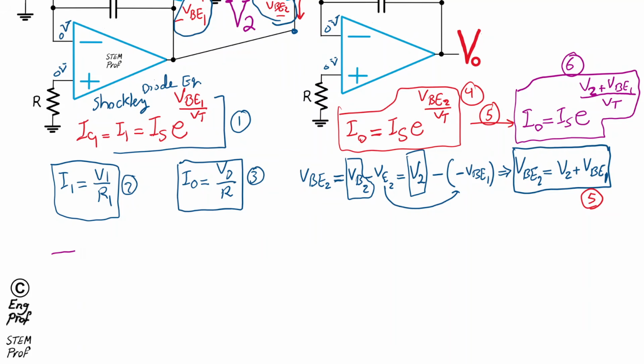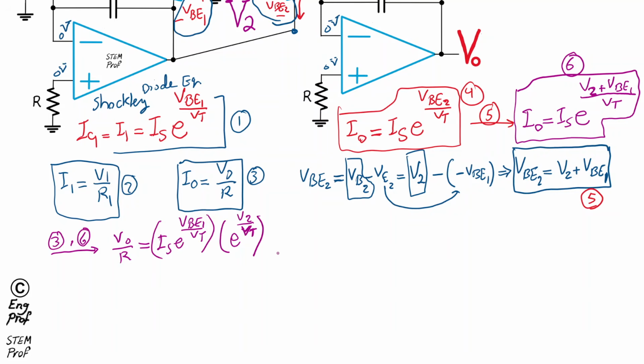So what I have is, substituting for IO, V out over R is equal to IS e to the power VBE1 divided by VT, times e to the power V2 divided by thermal voltage VT.